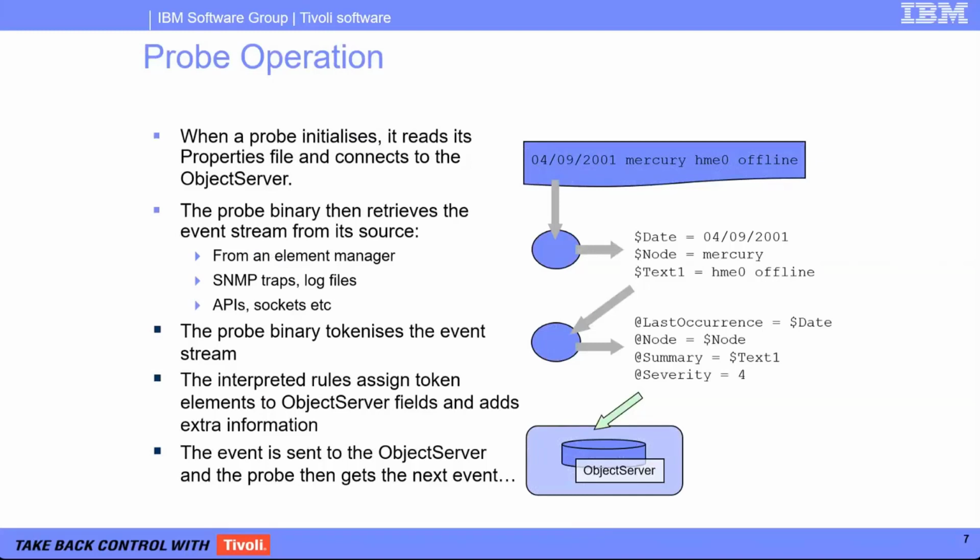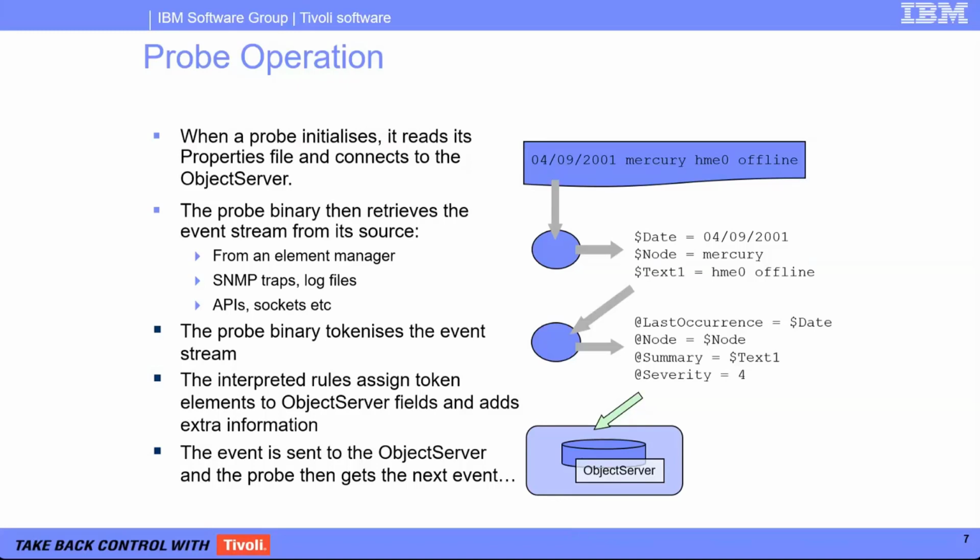But when the probe starts, it initially talks to the object server and learns what kind of possibilities we have in the alerts.status table. So what is the current layout of the object server? And only after that initial read does the probe have the knowledge of what kind of fields it can promote.